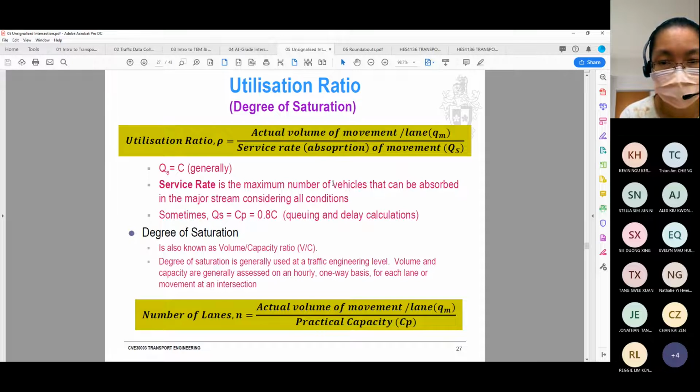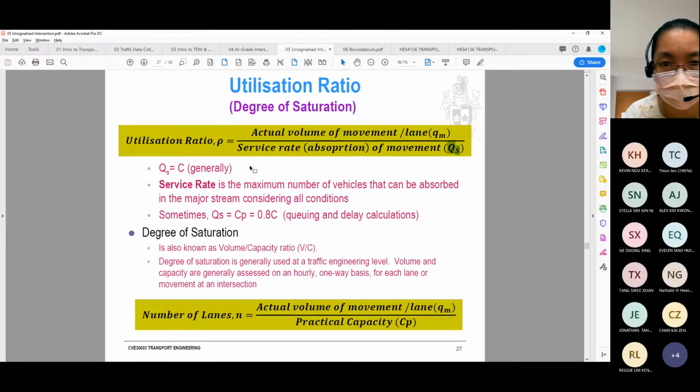Now there were some questions I remember from your assignment 1 surrounding the use of QS. When do we use QS?